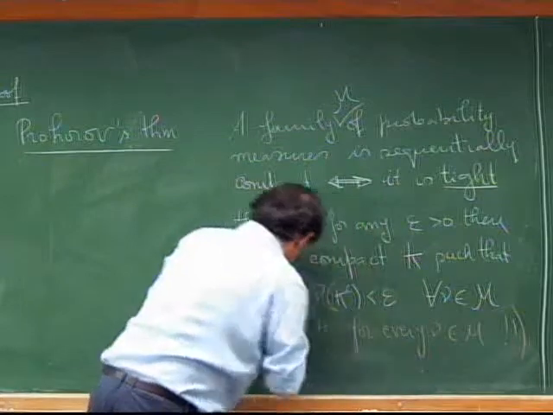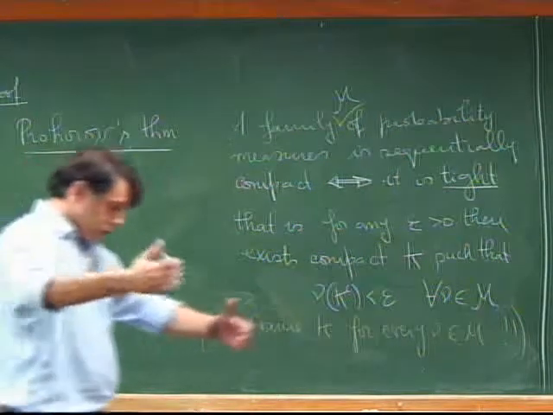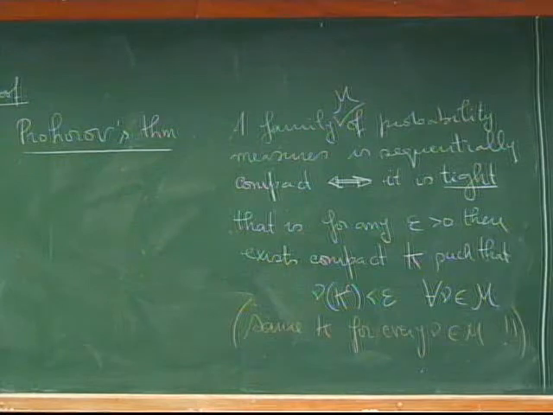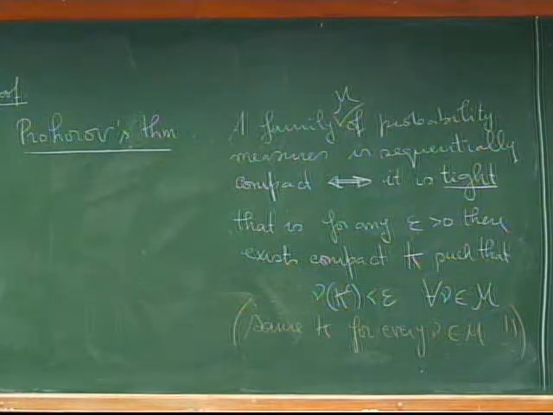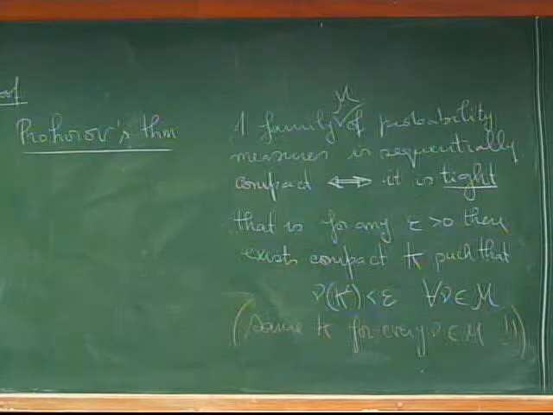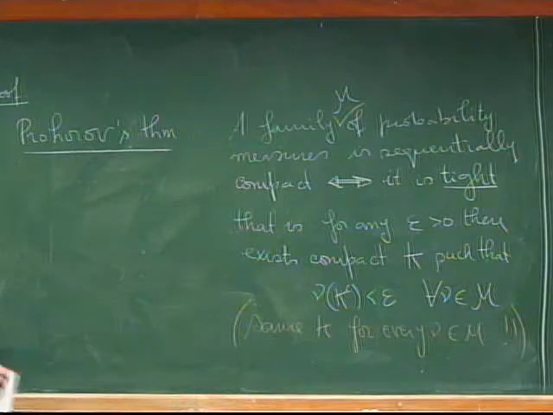So what this is saying is that you choose your epsilon, you can find a big compact set such that all of the measures are essentially inside this compact set. All of them, what they have outside is small mass, uniformly small. For example, if your space is compact, this is automatic, because then you can take K equal the whole space. So this is the theorem of Prokhorov.